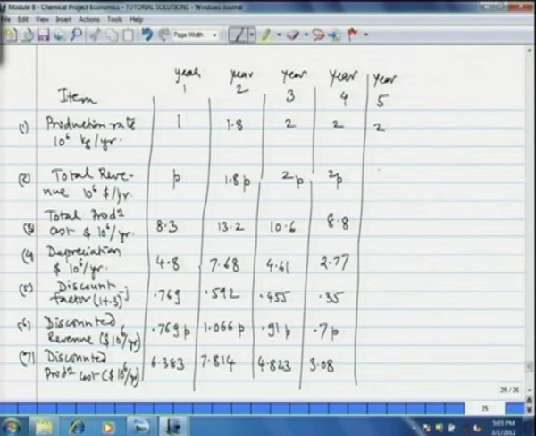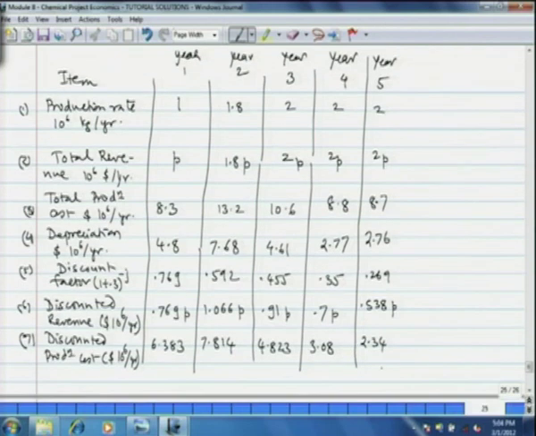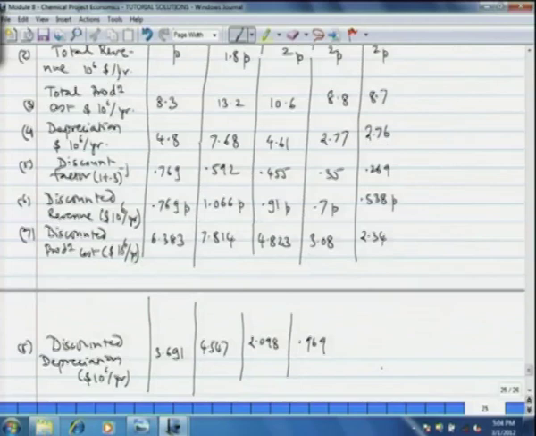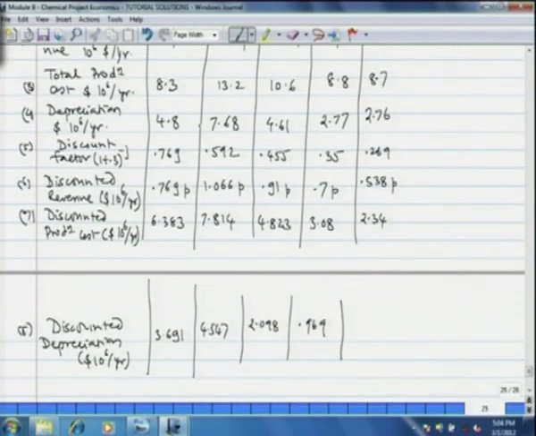Then the total revenue is again 2p, total production cost is 8.7, total depreciation 2.76, discount factor 0.269, discounted revenue 0.538 into p, discounted production cost 2.34, and discounted depreciation is 0.742.